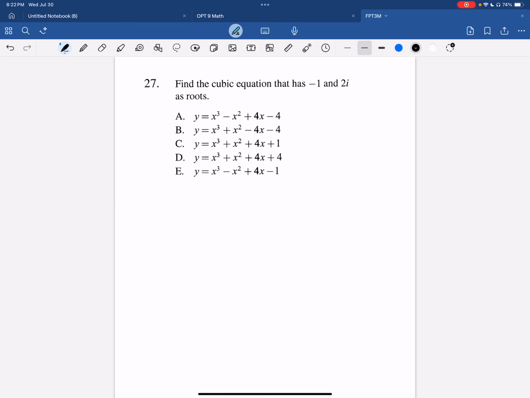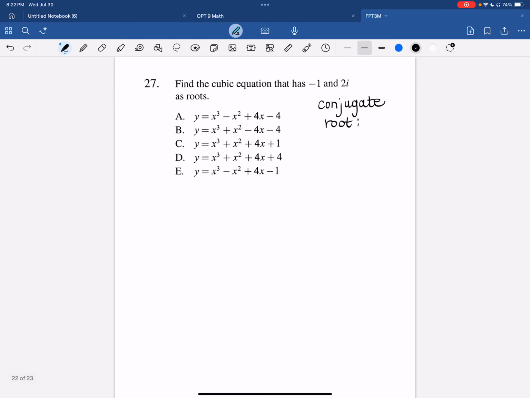If you are preparing for a math competition and need to know how to do this, I'm going to show you how to do it. But you do need some background information. You need to understand the concept of a conjugate root, and I'll tell you about that in just a second.